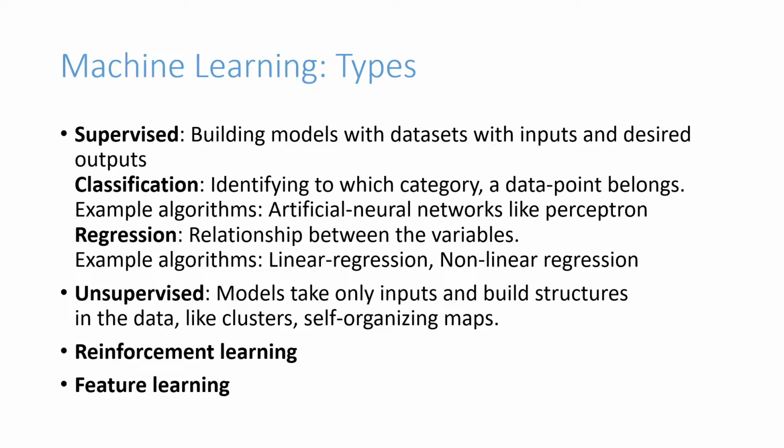Examples of regression models: linear regression, non-linear regression. In unsupervised learning, we build models without any given output, like we build clusters, self-organizing maps, etc.